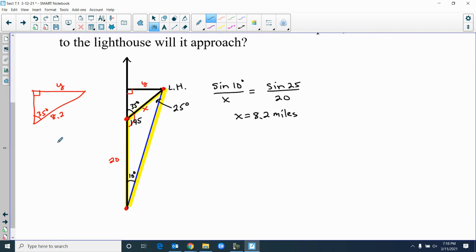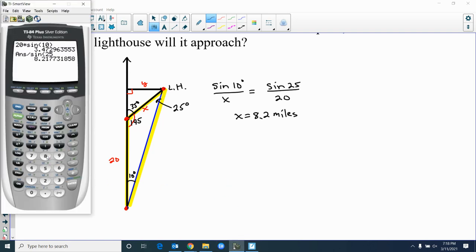I don't have to use law of sines. Law of sines will work, but I don't have to use it because y is opposite, 8.2 is the hypotenuse. I'm going to take the sine of 35 degrees equals y over 8.2. To solve that, I just multiply 8.2 times sine of 35.